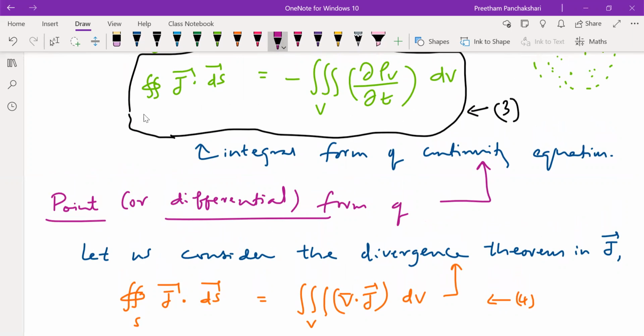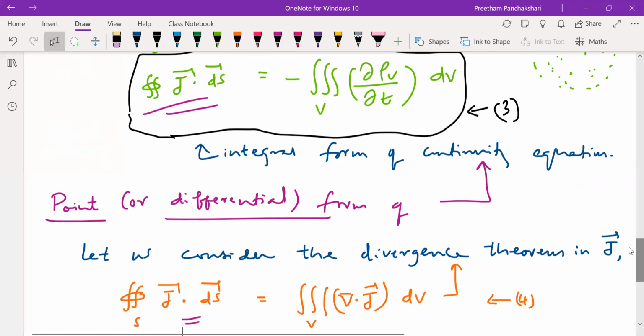If you observe here, the left hand side of equation 3 and the left hand side of equation 4 are similar. Therefore, I would like to replace the left hand side of equation 3 with the volume integral of equation 4, so that both sides will have volume integrals, and then I can simplify it further.